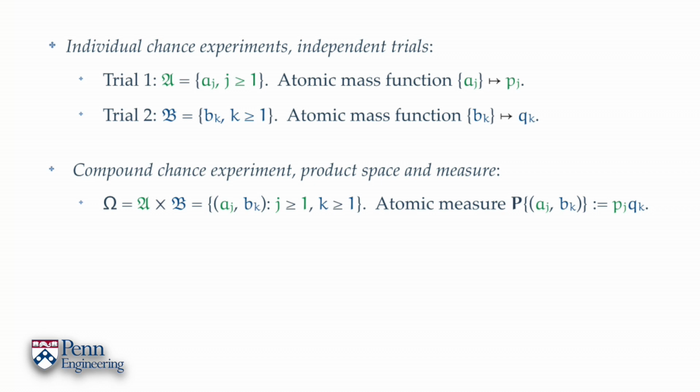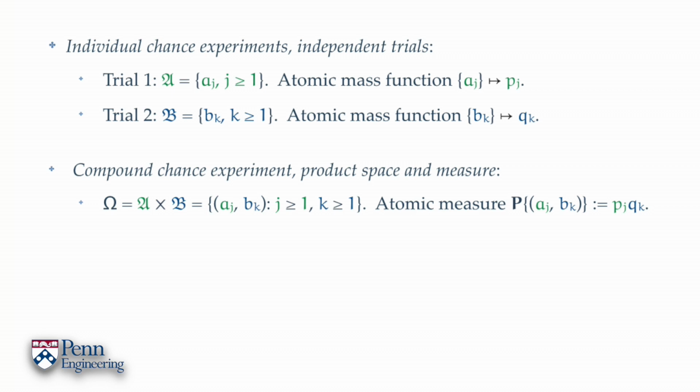What makes things independent is a specification of the probability measure. I'm giving you a discrete setting here, a finite or a countably infinite setting for this compound experiment. It suffices to provide an atomic mass function, to give every atom a probability. What are the atoms in this game here? The atoms are ordered pairs, first trial, second trial.